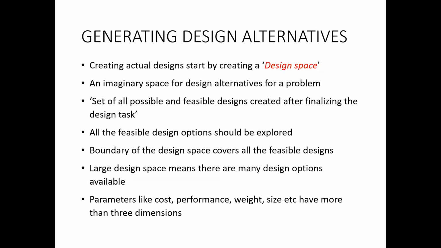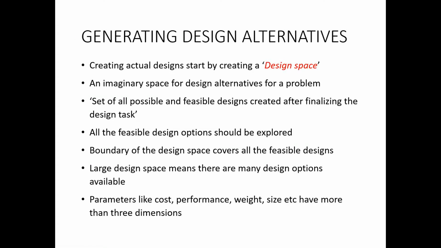So whenever a designer searches for a solution to the design problem in the design space, there will be a lot of design solutions or ideas that are workable, and he needs to select the best alternative from among a number of design alternatives.